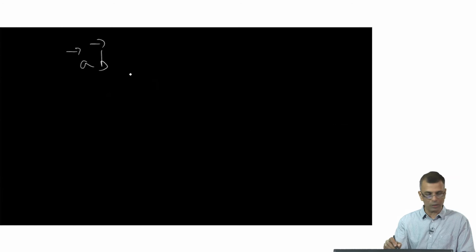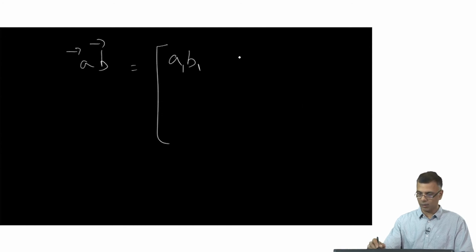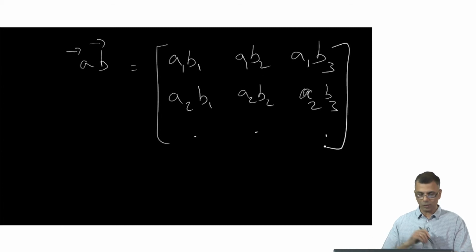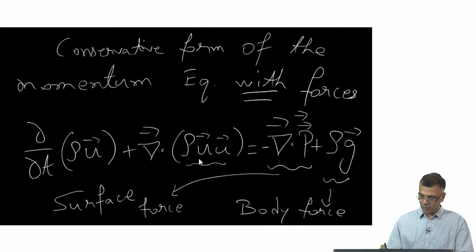This kind of outer product is just like that: A1B1, A1B2, A2B1, A2B2, A2B3, and so on. That's what the outer product is. That's what this quantity is. And the pressure tensor would essentially be this.